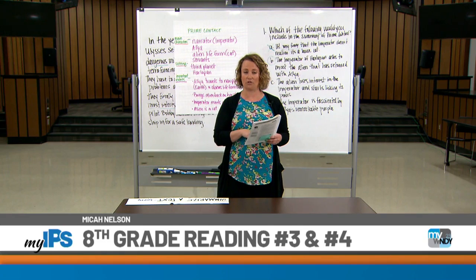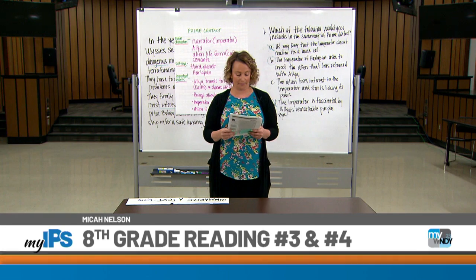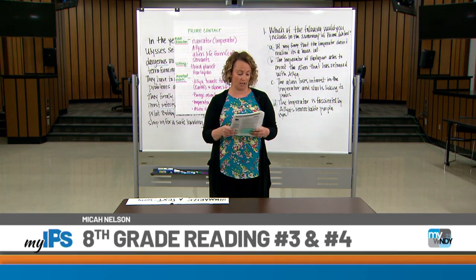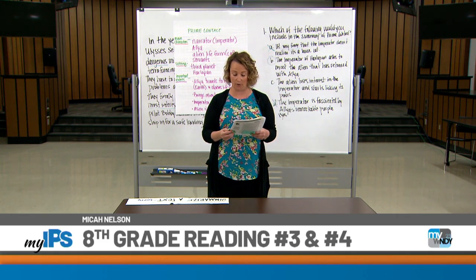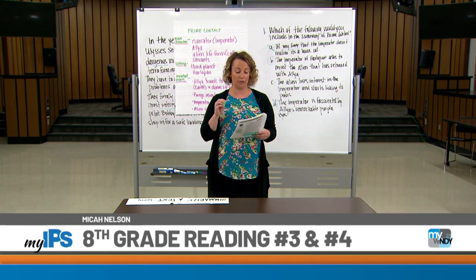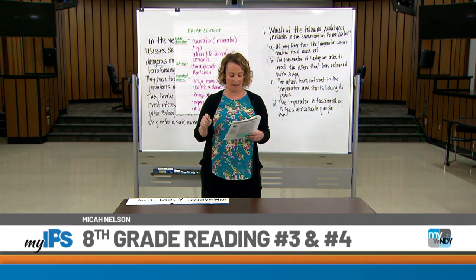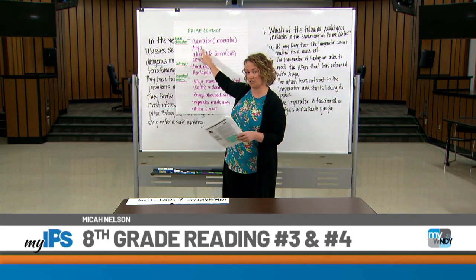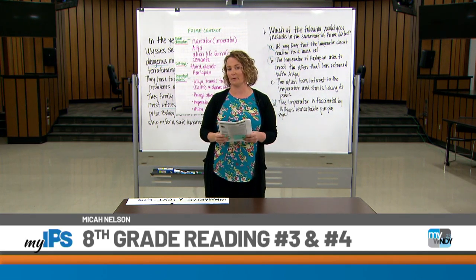So you're going to have to do that on your own, but refer back to the story to get your answers. Once you've done that, you're going to be ready to move on to part 5 on pages 20 and 22 on your own. So remember to pause when you're reading, to summarize in your head or mark on your paper the main characters, the setting, and the important events so that you're ready to write your summary when you're finished reading.